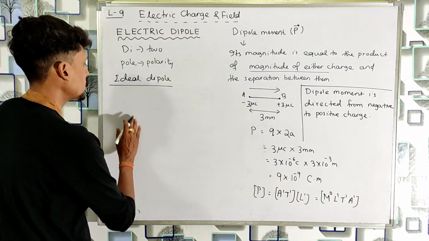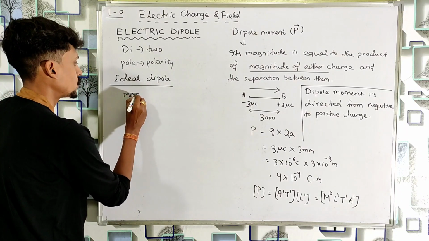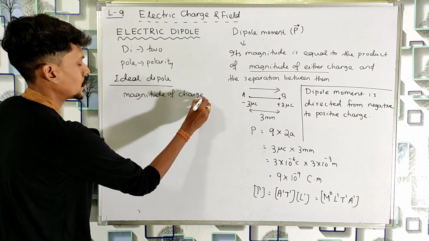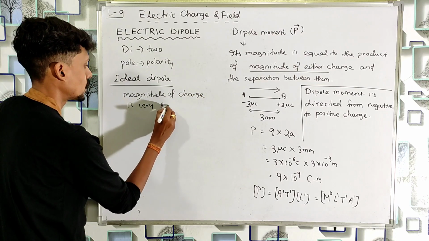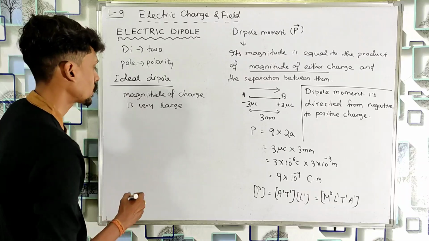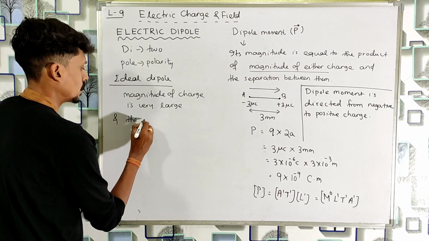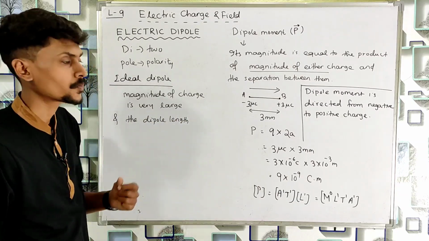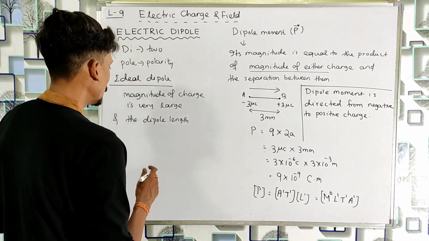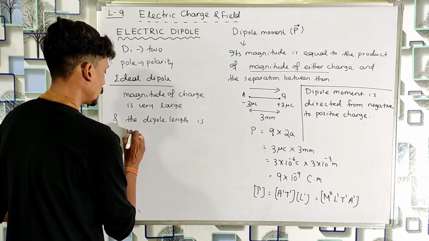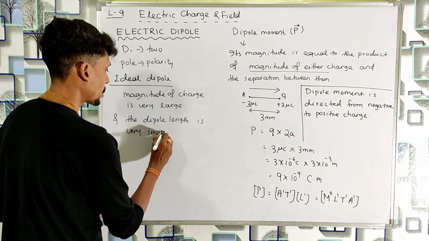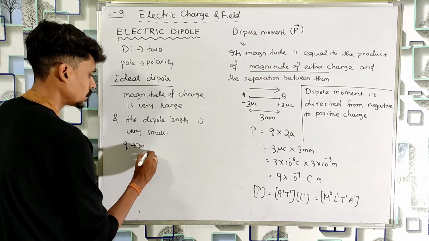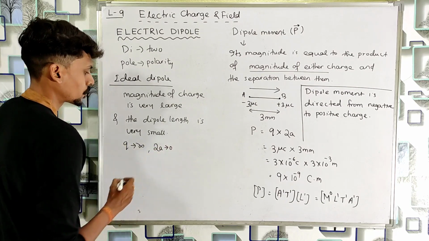In an ideal dipole, the magnitude of the charge is very large, and the dipole length, meaning 2a, or the separation between the two charges, is very small. That means q tends to infinity and 2a tends to 0.